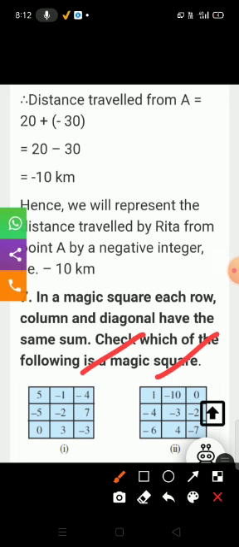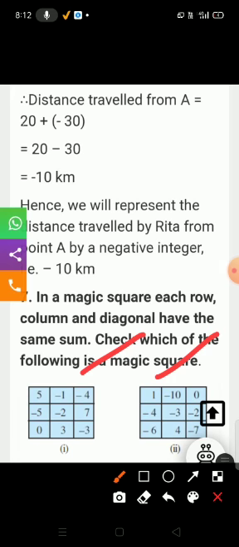Firstly, we will learn what a row is and what a column is. A row is a horizontal line, and a vertical line is a column.